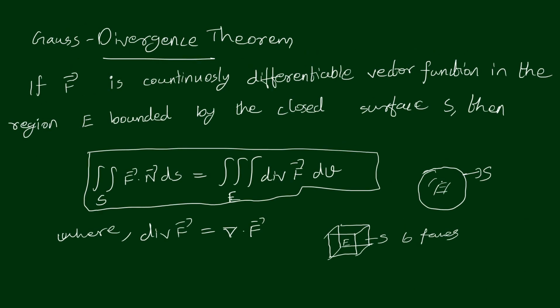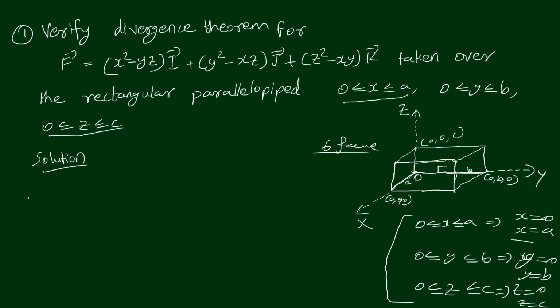Here we have the Gauss divergence theorem: double integral of F dot n dS equals the triple integral over the region E of divergence of F dV. So first we find the left hand side, the double integral of F dot n dS over the closed surface, that is, the surface of the rectangular parallelepiped.